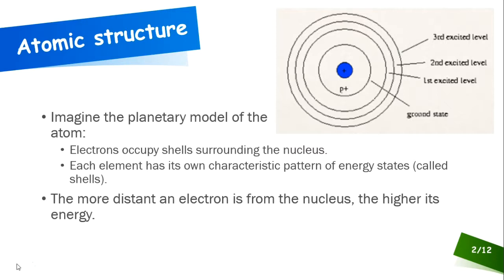So the ground state, which is the orbital that's closest to the nucleus, we call that ground because that's the base level of energy. And then the next one up has higher energy, and the next one up has higher energy than that. The next one up has higher energy than that. And each element in the periodic table has a distinct characteristic pattern of energy states of electrons that are orbiting around the nucleus.